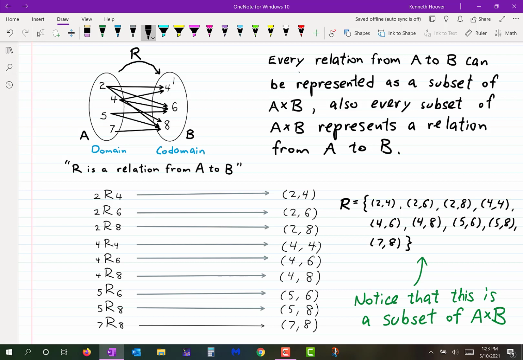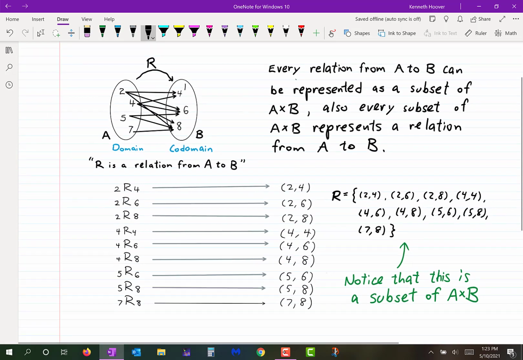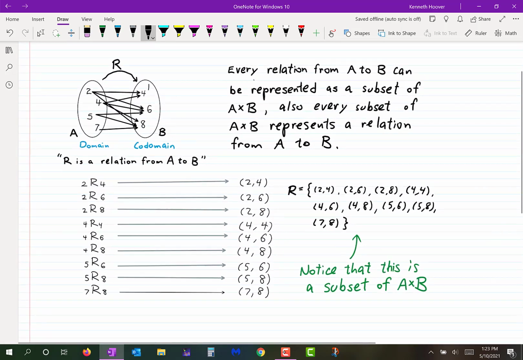Okay? Now, here's something just kind of for fun. That relation that I've showed you right here is actually a relation that you already know. Some relations represent things that you know already, and some don't. What I'm trying to say is this.